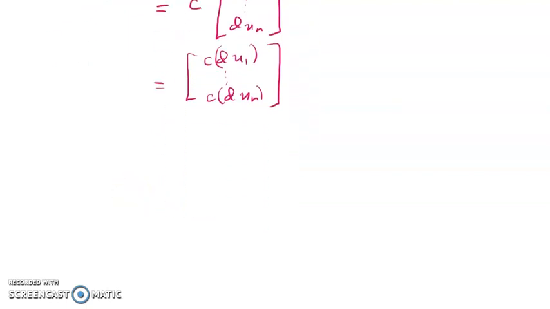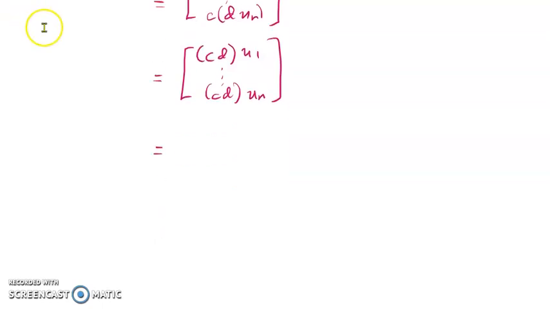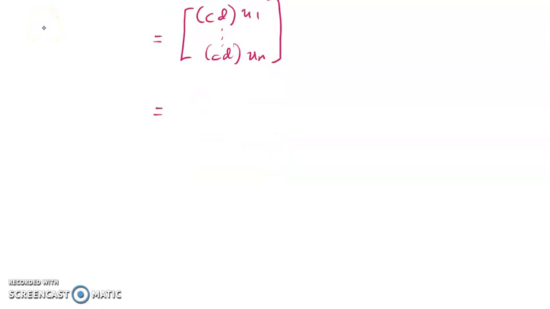Alright, so again, these are real numbers. So again, the associative property holds in that entries. So you just can write this one as C times D times U1 up to C times D times U sub N. So we can rewrite this one as, extract again C times D, alright, times U1 to UN.